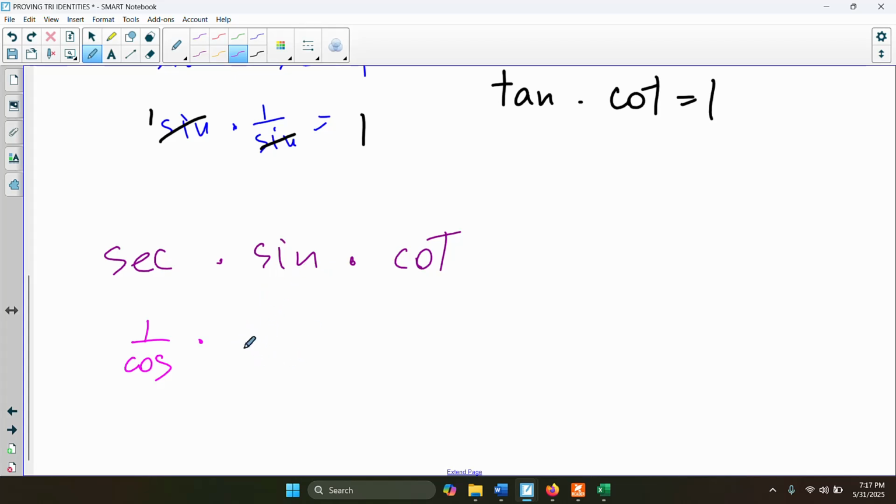Yes, you can theoretically turn sine into 1 over cosecant, but that's not going to help most of the time. The goal is to turn everything into more familiar sines and cosines, and then maybe cancel and so forth. So I'm going to leave sine alone.